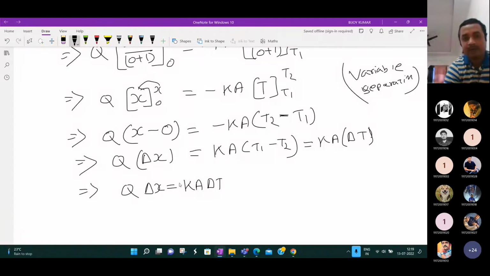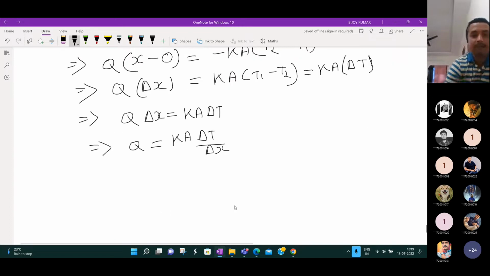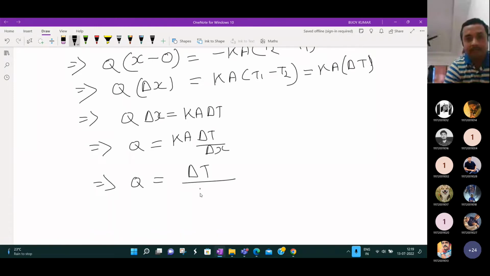Now you see we come to a positive value. Why? Because in place of T2 minus T1, we converted it into T1 minus T2. Okay, then we can write Q is equal to Ka delta T by delta X, or you can write Q is equal to delta T by delta X by Ka.